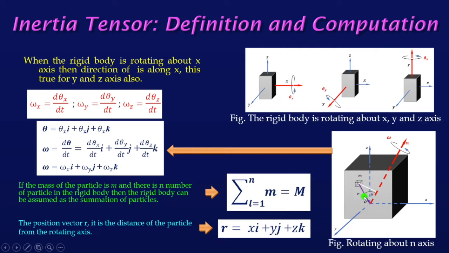And the position vector of this particle, r, is defined by its distance from the x, y and z axes. If the coordinates of this particle are x, y, z, then we can write r equals xi plus yj plus zk.